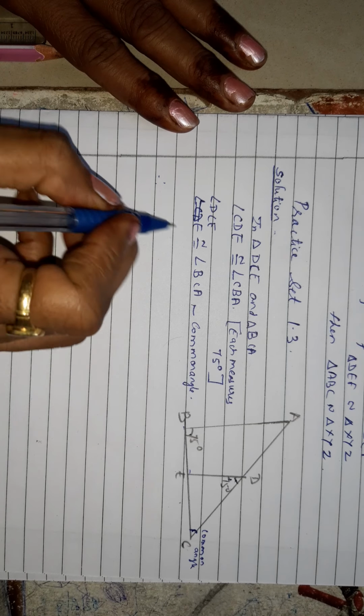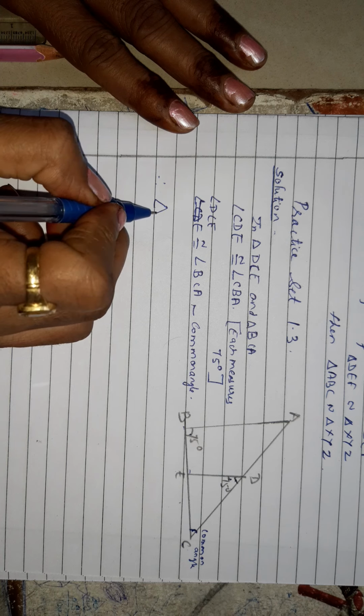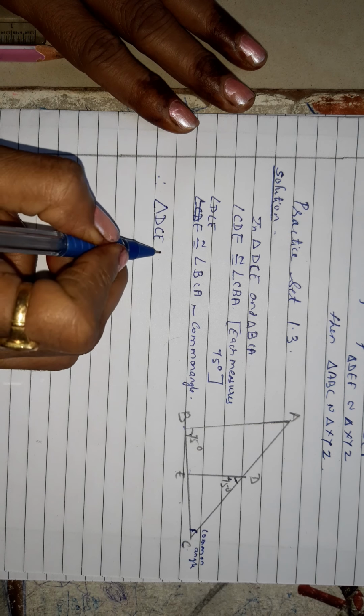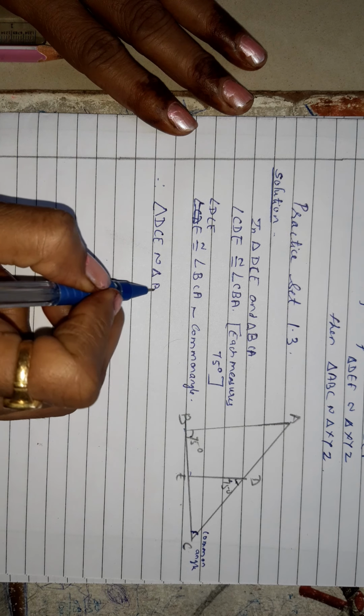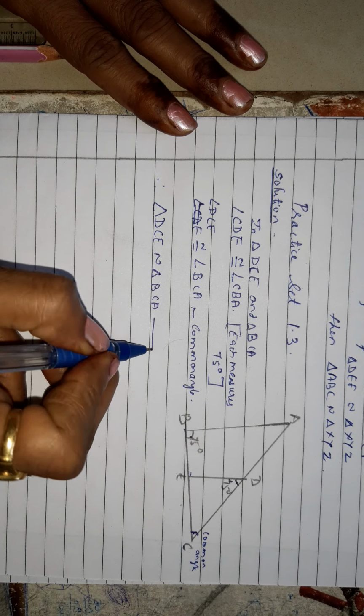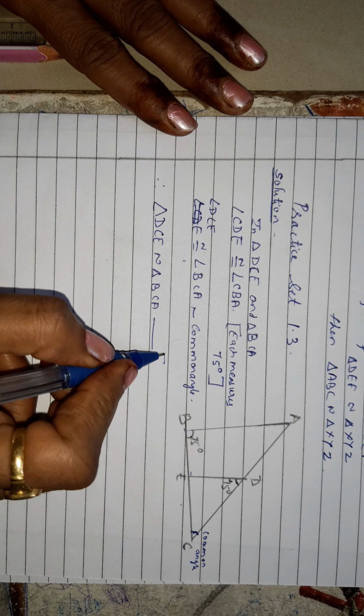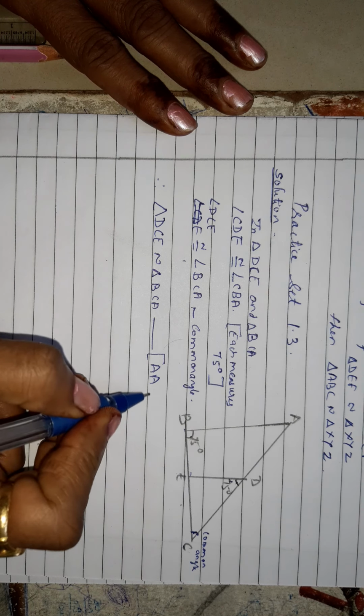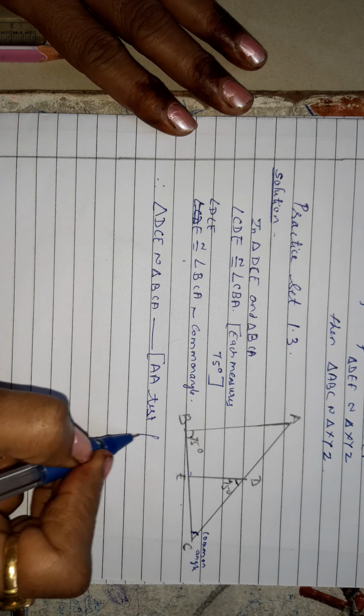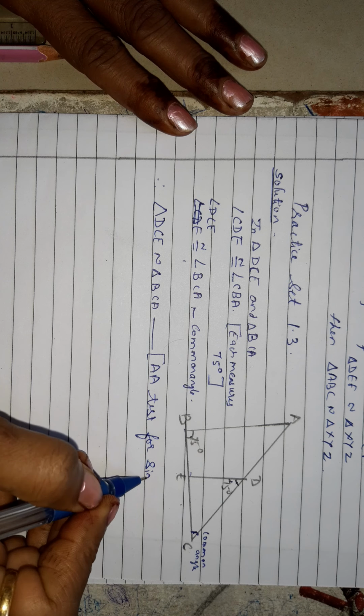So both the triangles, triangle DCE is similar to triangle BCA by which test? Here angles are congruent, so it is the angle test for similarity.